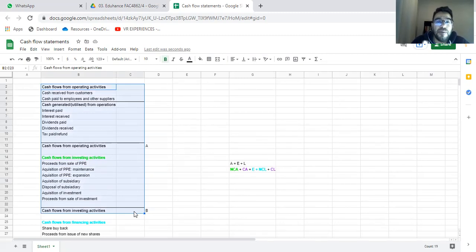Expenses are recorded when incurred, irrespective of whether the cash is paid or not. So the income statement records income and expenses on an accrual concept. Income is recorded when it is earned. Expenses are recorded when they are incurred.